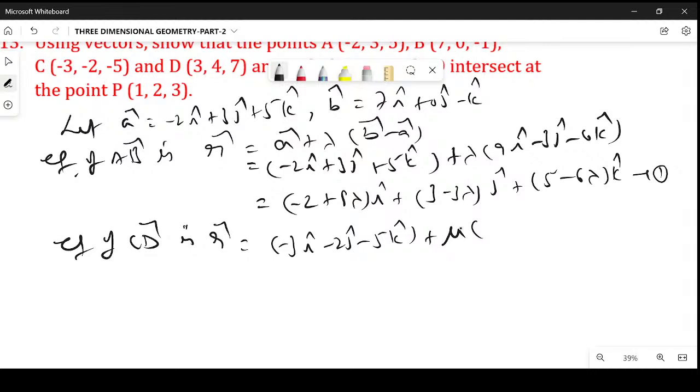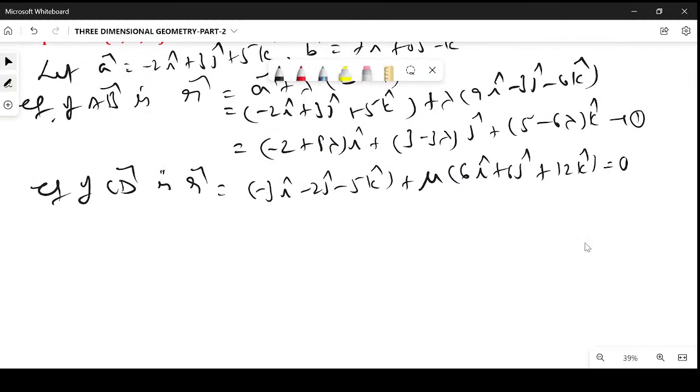3 minus of minus 3, it will come 6i cap, and here you can write 4 minus of plus 6j cap, and 7 plus 5, 12k cap, equal to 0. It comes like this. If we rearrange this, same like the previous model, we will get this one.